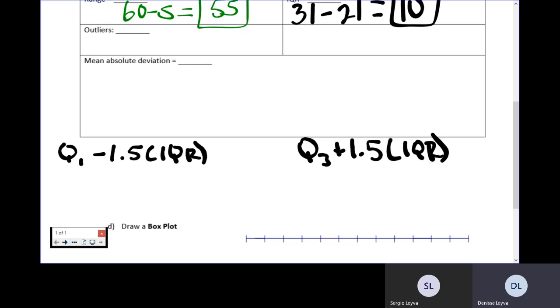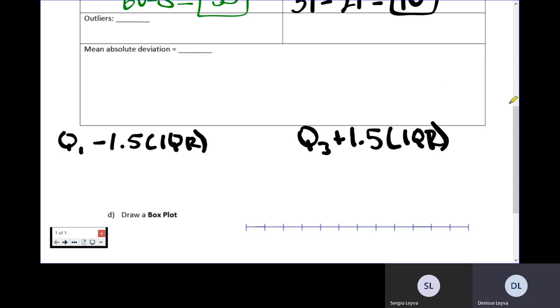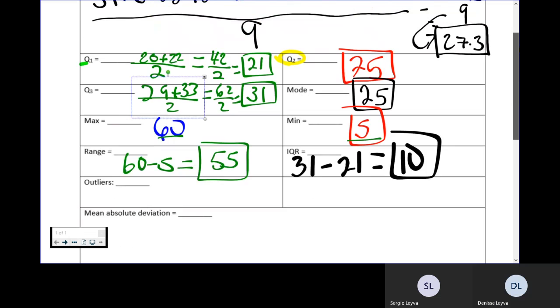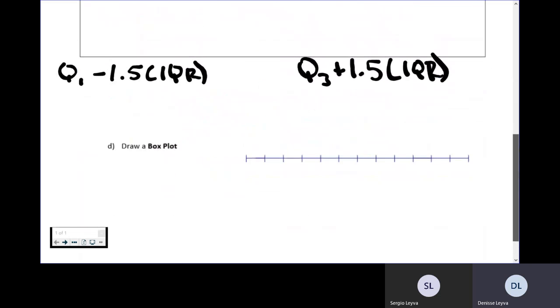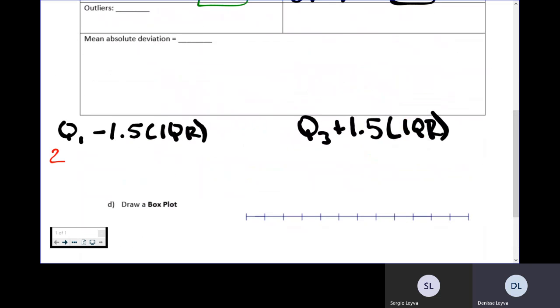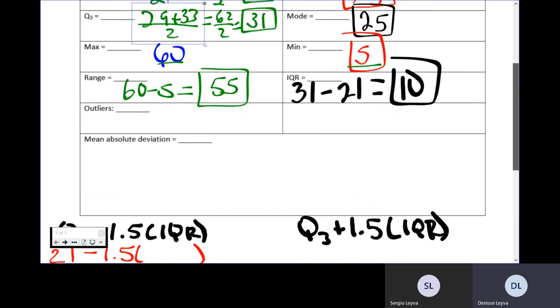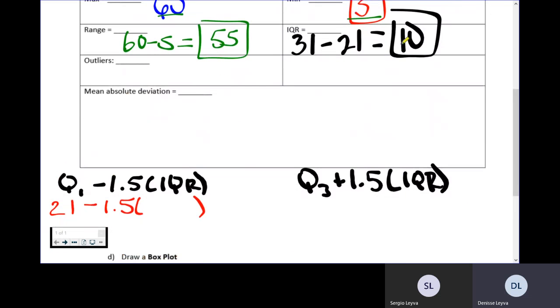If I look at my information above, my Q1 is 21. So I'm going to plug in 21 here, minus 1.5, and then my IQR, I believe, is 10. Let me go look. Yep, my IQR is 10.